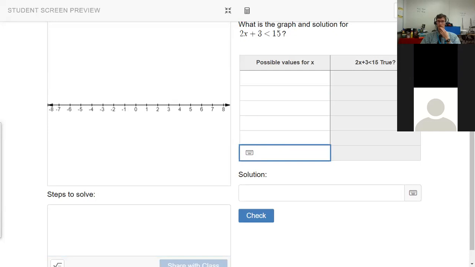Did anyone get started? All right, so what's a value that I could put in here? What's a possible value for X? Sabira, what's a possible value for X?